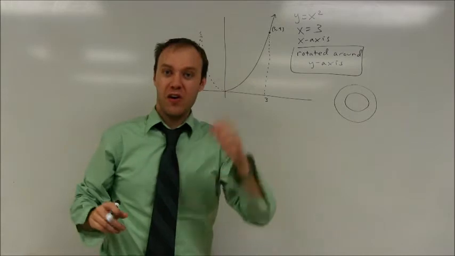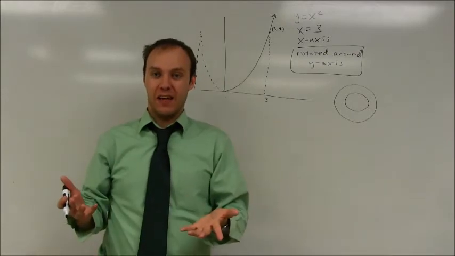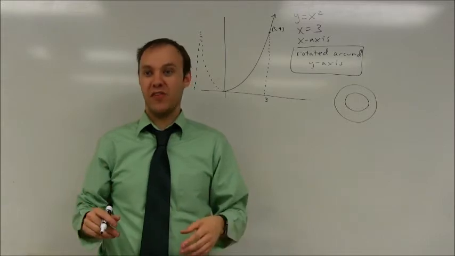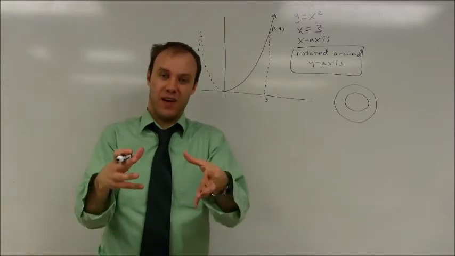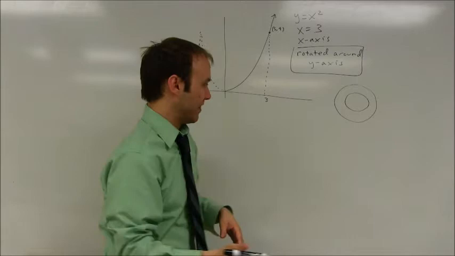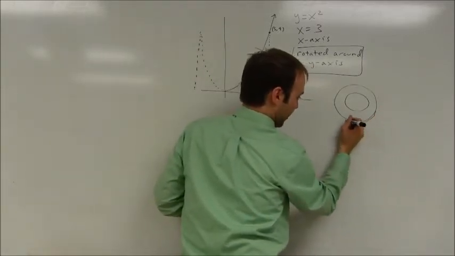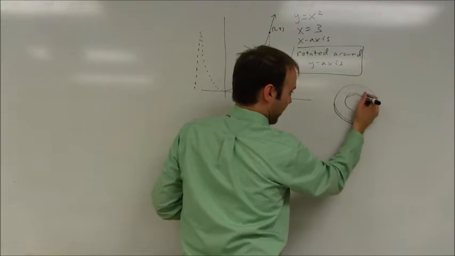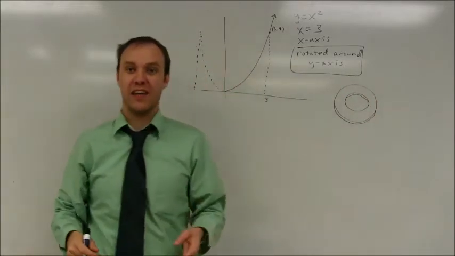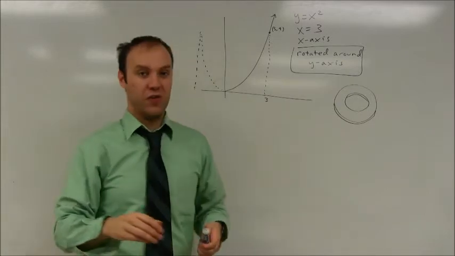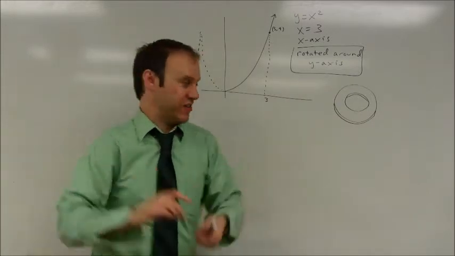You can find the volume of one of those rings by taking the area of the base times the height, or you can take the volume of the outer cylinder and subtract the inner cylinder, because remember, this thing is really three-dimensional. It's something more like this. So you take out the inner cylinder and keep the outer part. It's the large volume minus the small volume.